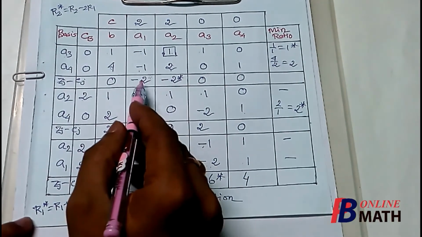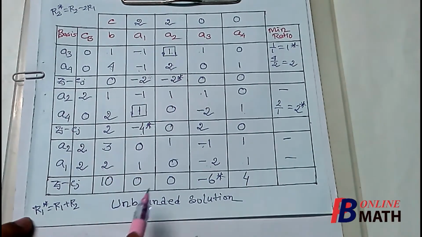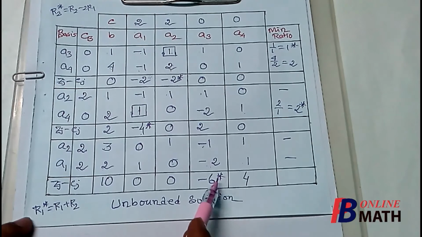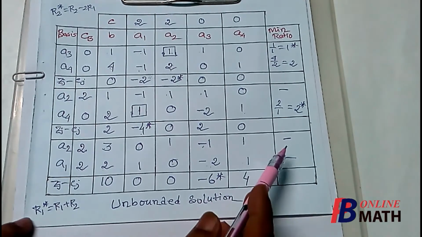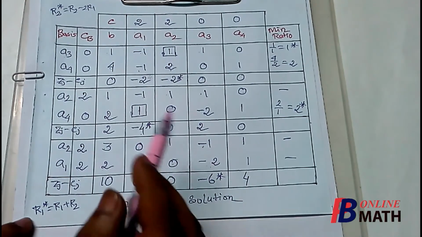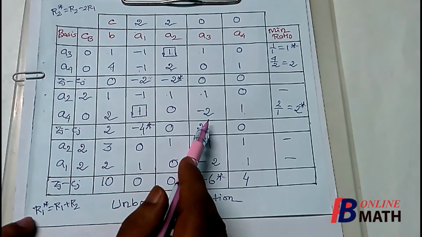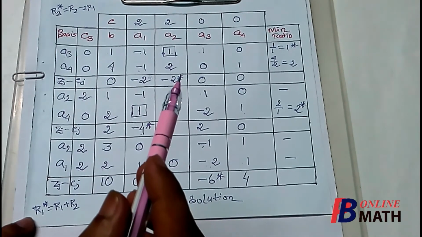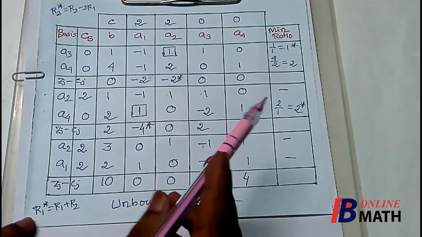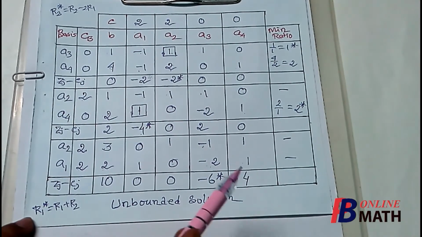But here we selected the other element, and ultimately we found that the problem has an unbounded solution, because in this step the min ratio does not exist. So anyway, the problem has an unbounded solution. Remember that if we find that the min ratio does not exist, that means the problem has an unbounded solution.